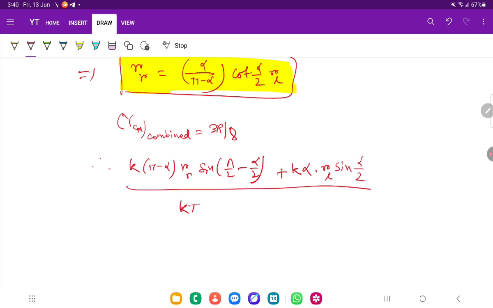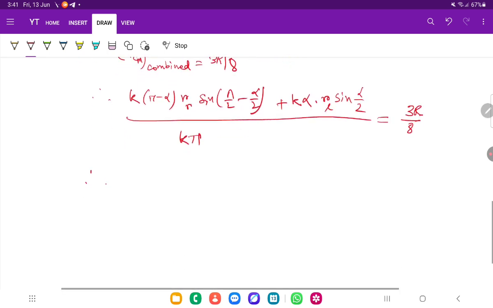Total mass will be kπ, obviously, because kα plus k(π − α) is kπ. Or you can simply say that the total angle subtended here is π, and k was our proportionality constant, so total mass will be kπ. So this will give the center of mass of the combined system as 3R by 8.